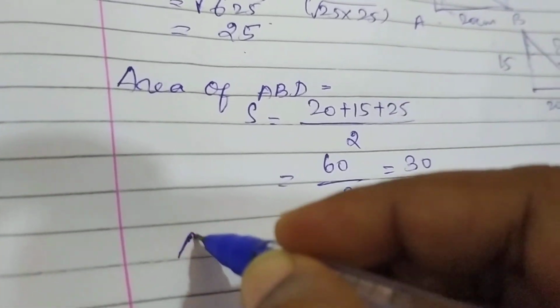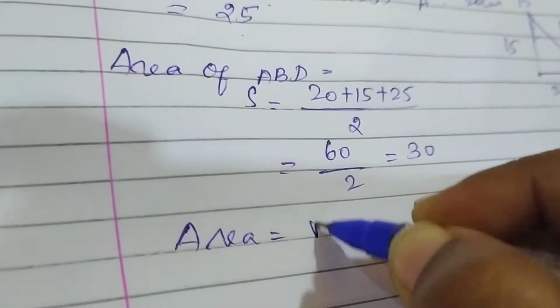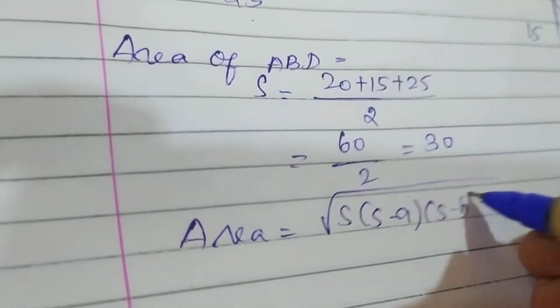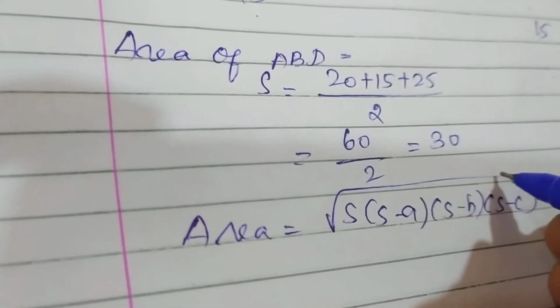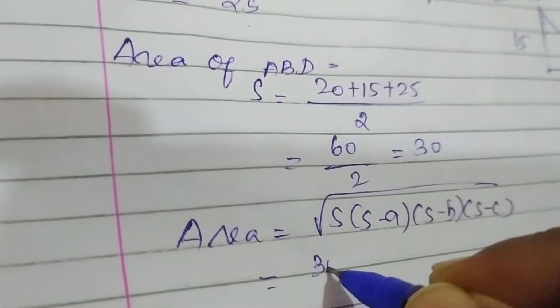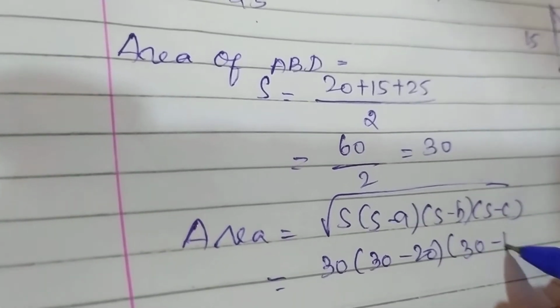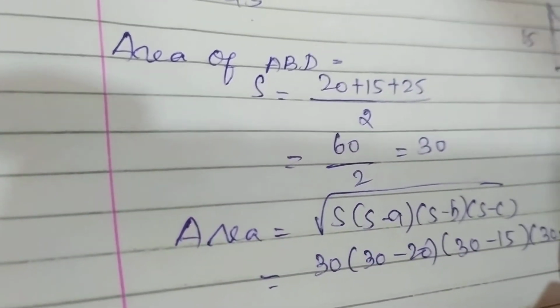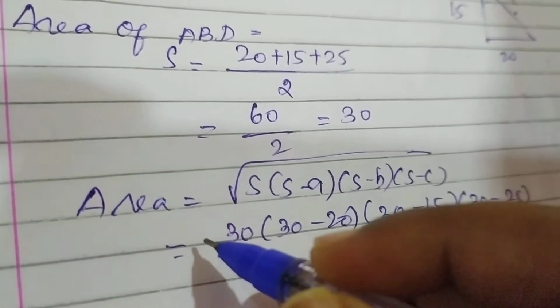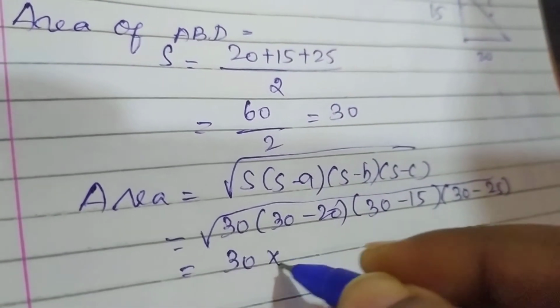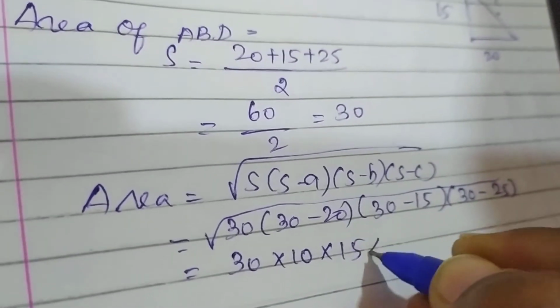So area is equal to root of S into S minus A, S minus B, S minus C. S is 30, so 30 into 10 into 15 into 5.